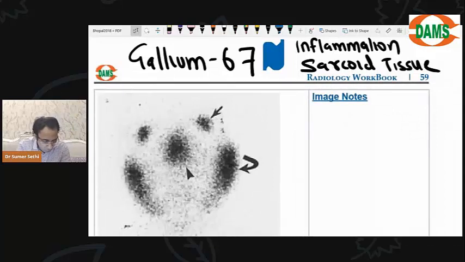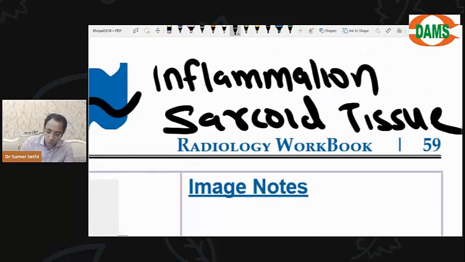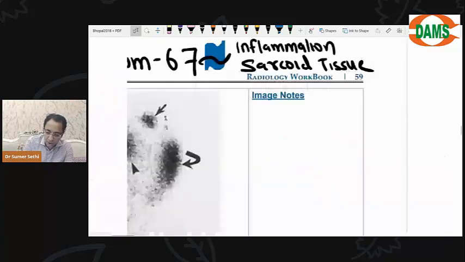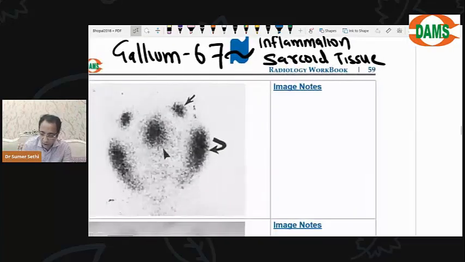There is an isotope called gallium which has affinity to inflammation and sarcoid tissue. Now let's see if you can answer.